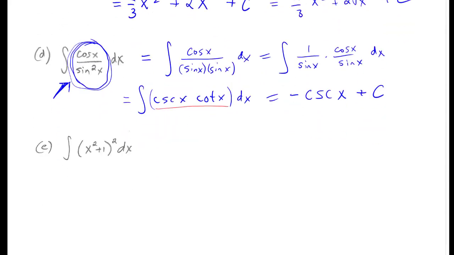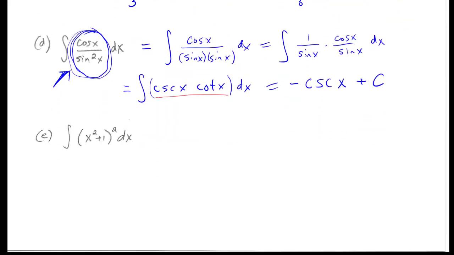Okay, so how about integrate x squared plus 1 all squared? Again, I can't really do yet any sort of chain rule. There will be kind of a reversal of the chain rule, but the only way I'm going to be able to accomplish this right now is to actually multiply this out first.